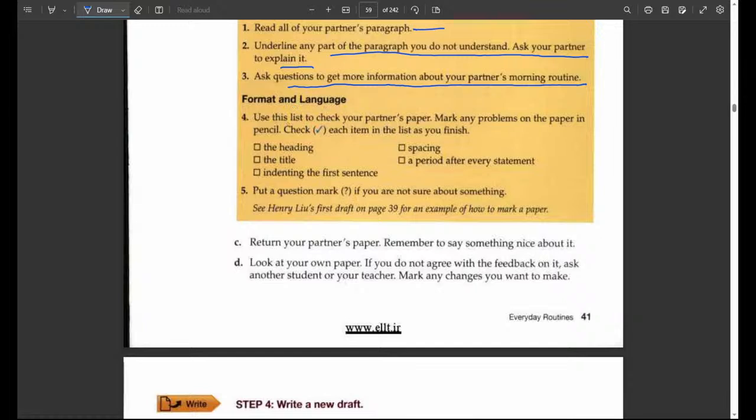Format and language. Use a checklist for your partner's work. Mark any problem on the paper in pencil. Check each item in the list as you finish. The heading. How was it?